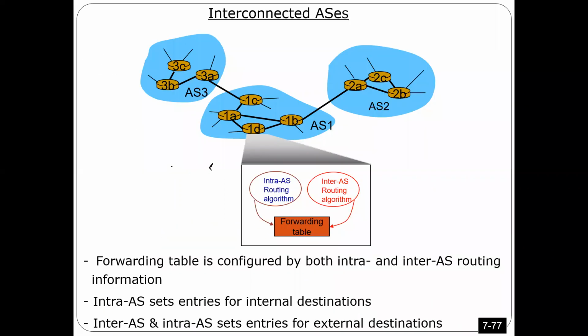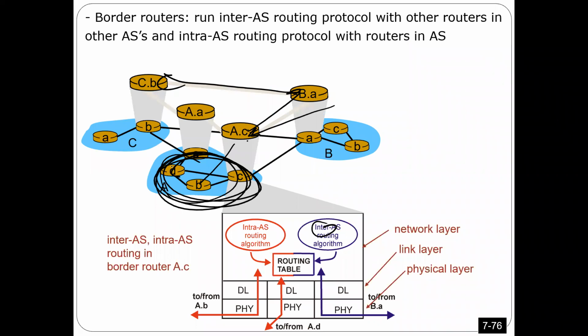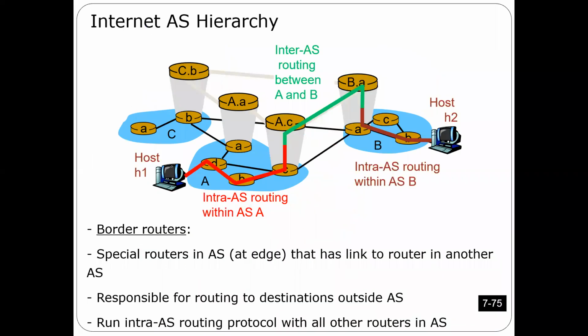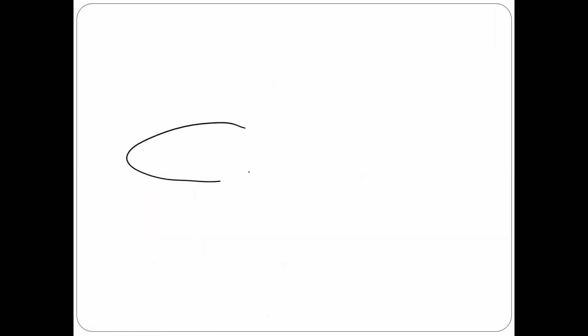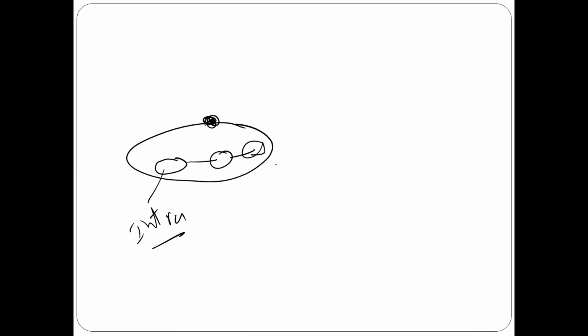This is for the border routers. What about the internal routers? Here, just to make it simple, I give you one simple case with one border router. If I have an internal router, for sure I have information from intra, so I'm capable of delivering any message inside the AS.